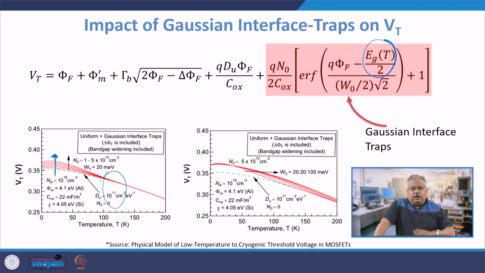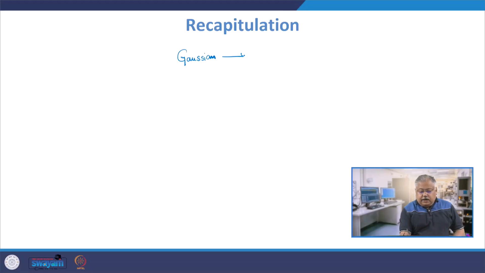Just to recapitulate what we learned in this lecture, we learned about 2 things. One is the threshold voltage variation with temperature and how it gets influenced by interface trap charges, both Gaussian as well as constant. We looked into Gaussian trap charges and saw that it depends on the value of N0 and W0.